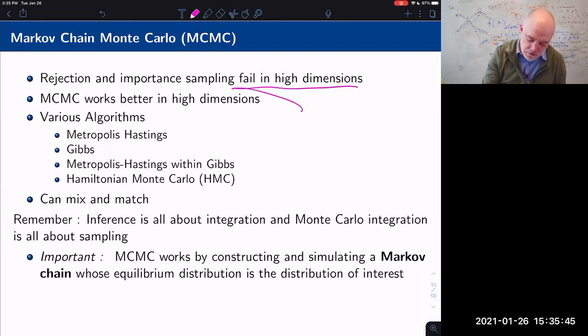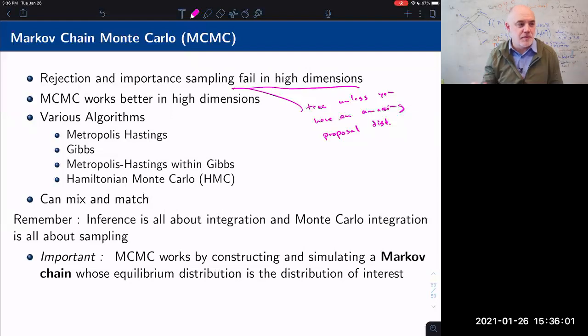This is true unless you have an amazing proposal distribution. And if you have an amazing proposal distribution, then importance sampling is the best algorithm you can possibly have because you can actually sample directly from the posterior.